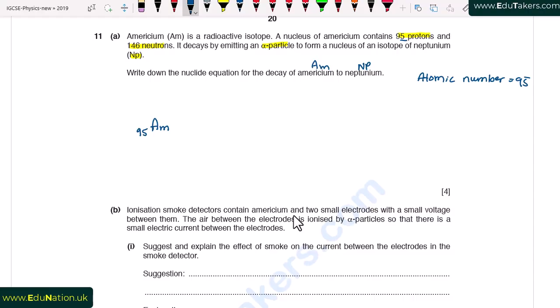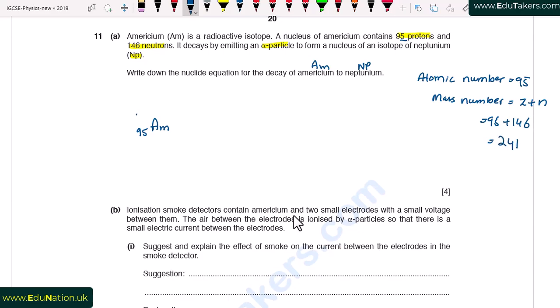And it has 146 neutrons. So the mass number will be equal to the sum of number of protons, that is atomic number, plus number of neutrons. It will be 95 plus 146 and it is 241.